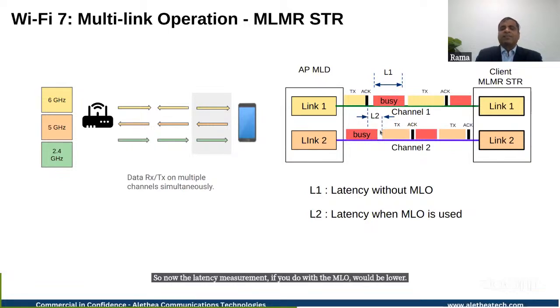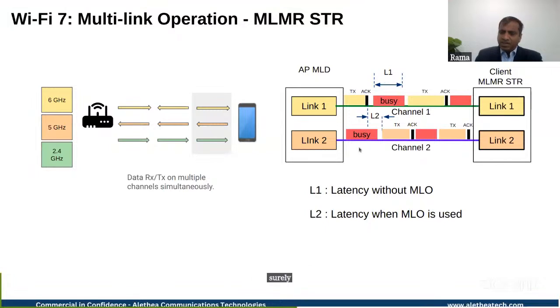This is the premise in which the MLO is designed, and is supposed to give us deterministic or lower latency compared to the normal case. As you can see, the L2 is surely smaller than L1 in this illustration, and we should assume that this would be the case even when we really use it in the field.